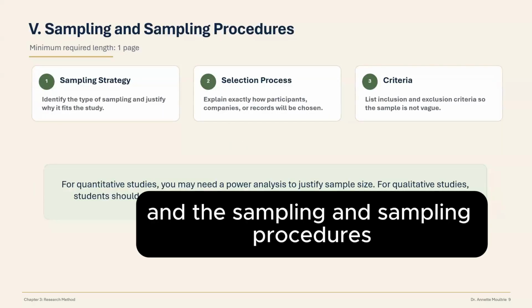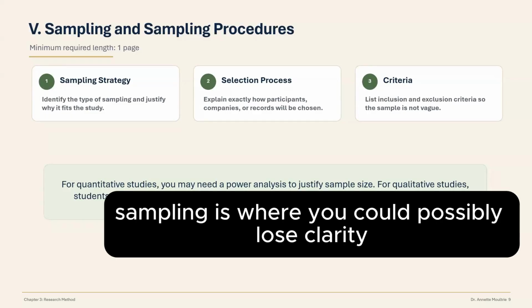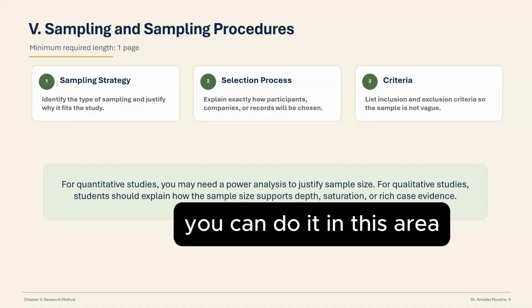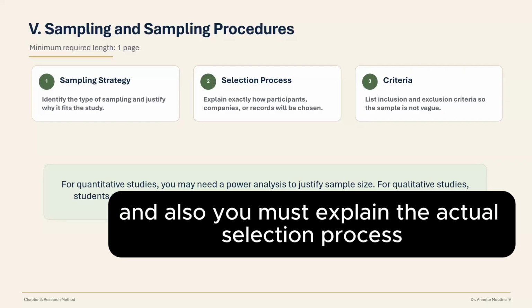And the sampling and sampling procedures. Sampling is where you could possibly lose clarity, but don't be discouraged. You can do it. In this section, you must identify the sampling strategy, and also you must explain the actual selection process.